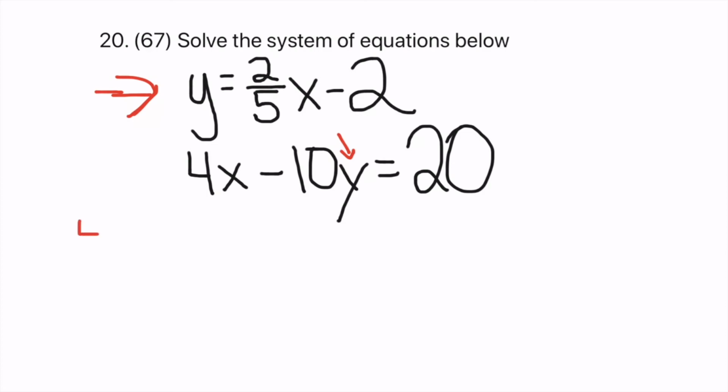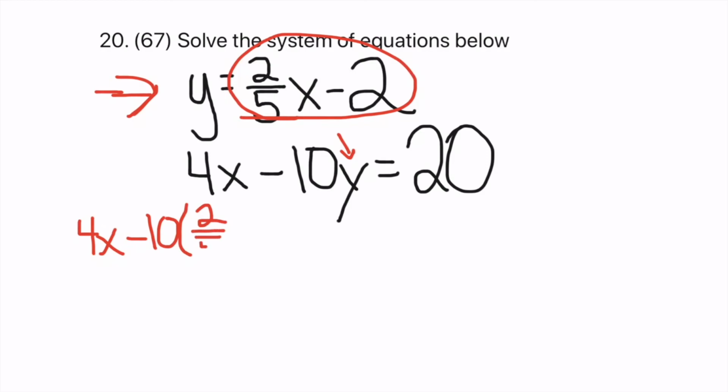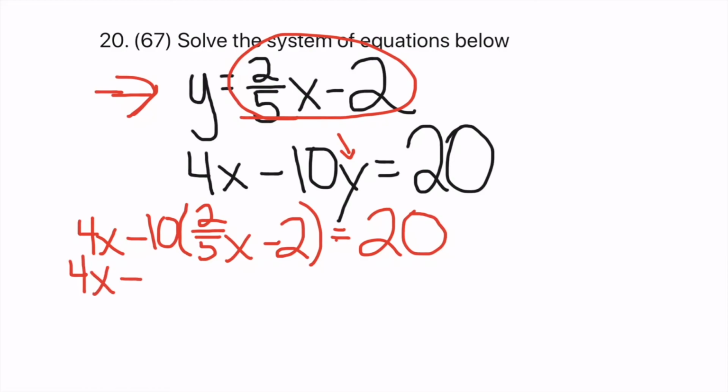So we have 4x minus 10, and instead of putting y, I'm going to plug in this whole thing because it's saying y equals that. So 2/5 x minus 2 equals 20. Now let's solve for x. We have 4x minus 10 times 2/5.